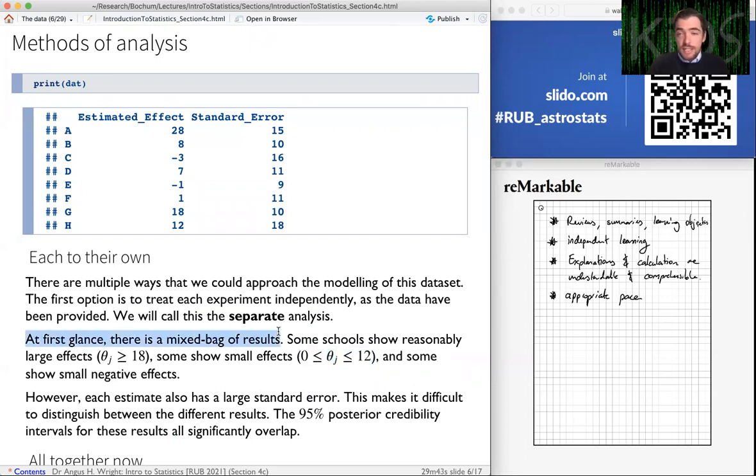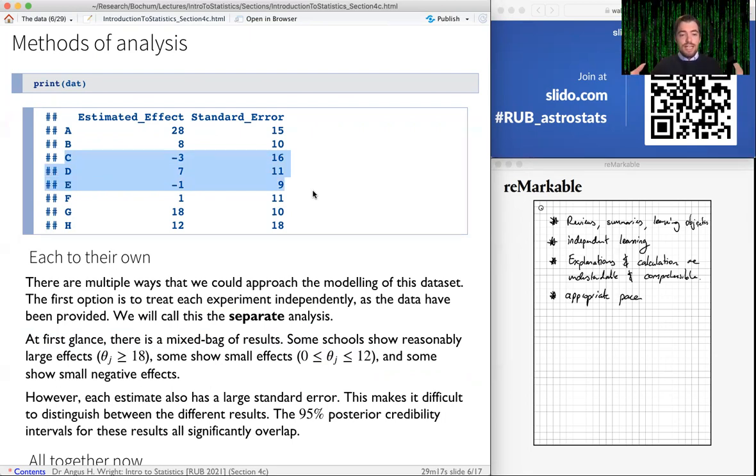At first glance, when you look at each of these independently, there looks to be a very wide spread in the results. It looks like for school A, there's a very significant impact of their teaching. For some schools, there's an effect, but it's not very significant. And for other schools, it does nothing or actually hurts you a little bit.